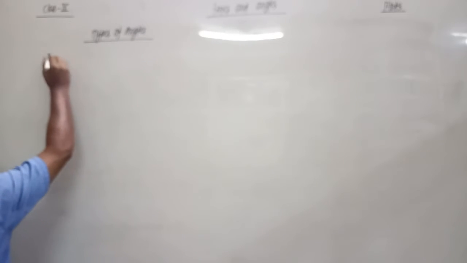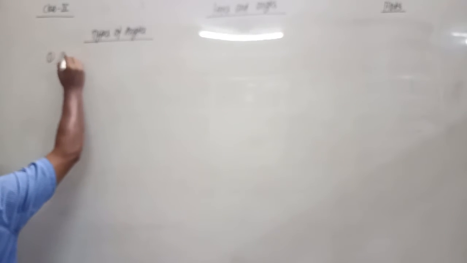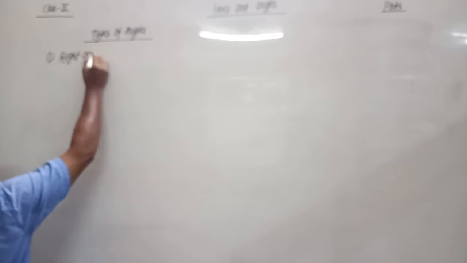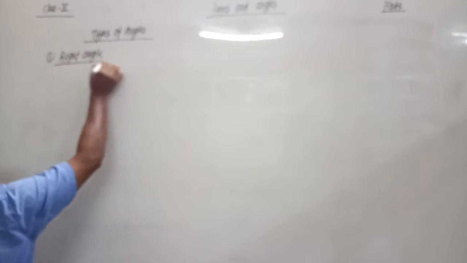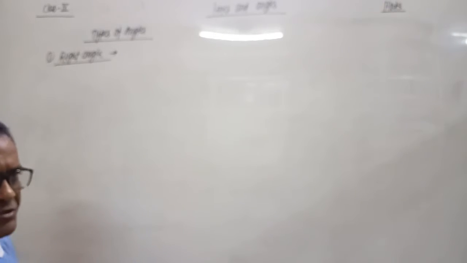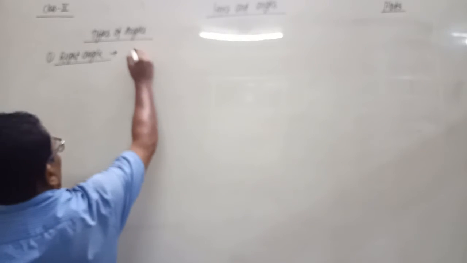First is the right angle. An angle whose measure is 90 degrees is called a right angle.